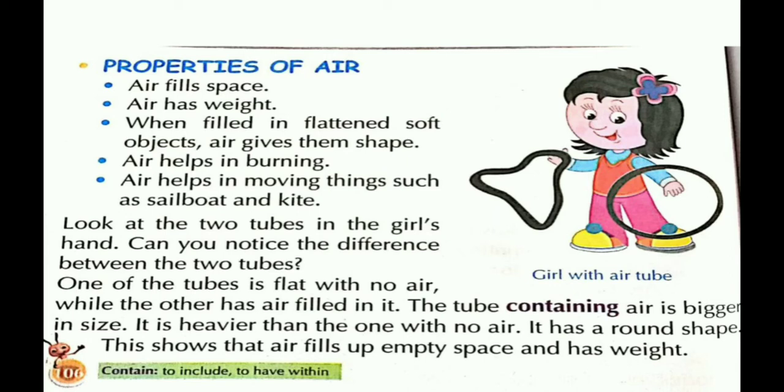Whatever shape the balloon is, air will give shape to it. Suppose it is a heart-shaped balloon. When you blow in air, that heart shape will form. So when we fill air into objects, it gives shape to them.